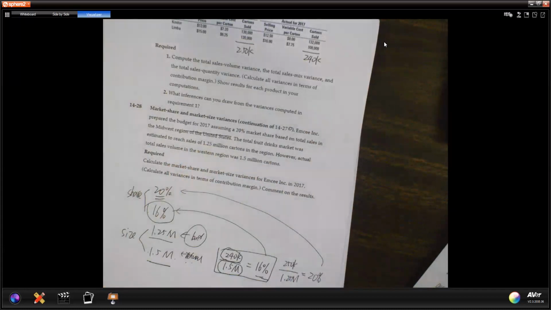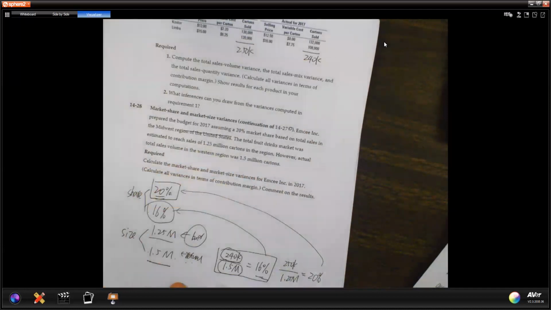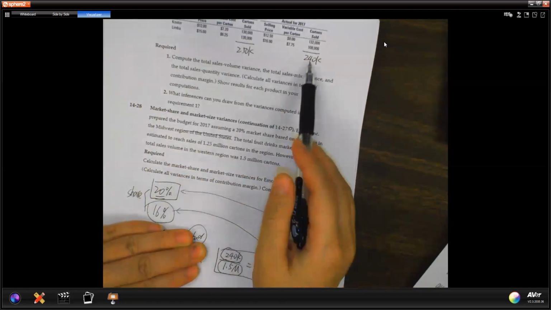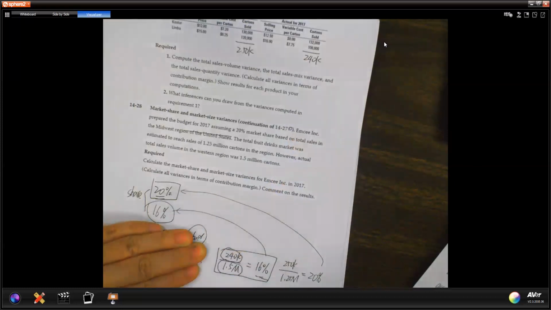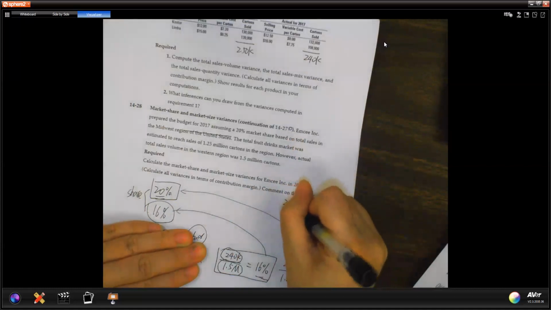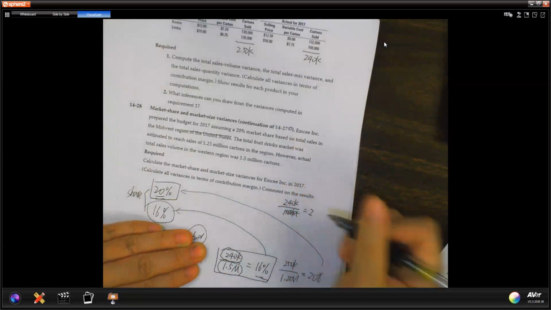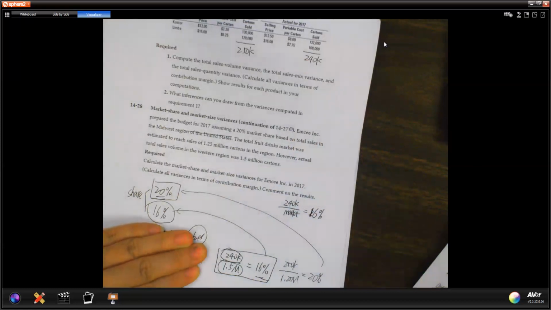In the question, I may tell you your actual is 20%, but I don't tell you the market size. I say you sold 240,000 and that is 20% of the market share. So what is the market size? I know my actual 240,000 is 16% of the actual market share.